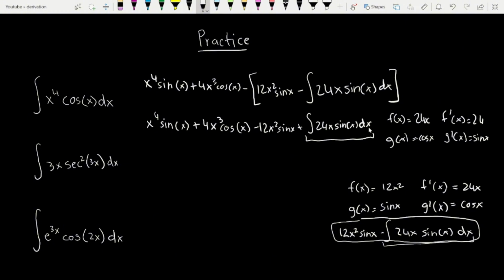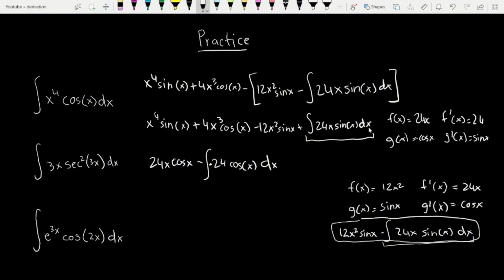Okay, so now I solve this. And if I solve this, I'm basically going to get that integral is going to be f of x times g of x, and then it's going to be minus f prime of x, which is 24, times negative cosine x dx.